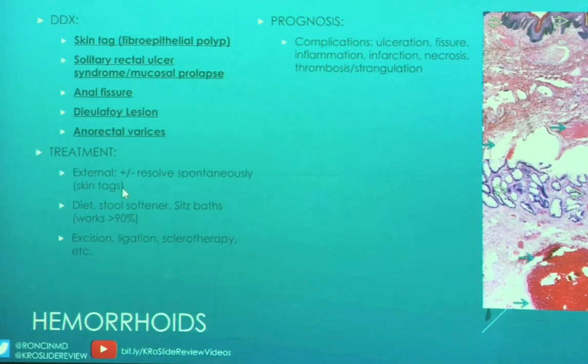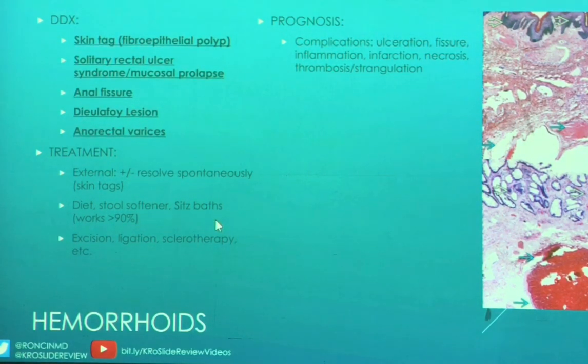So, treatment for external hemorrhoids, these can resolve spontaneously, and when they do, they will leave a skin tag. You can try diet, so increasing water, increasing fiber, stool softeners, sitz bath, and this works in almost all cases. They can also do things like excision, ligation, sclerotherapy.